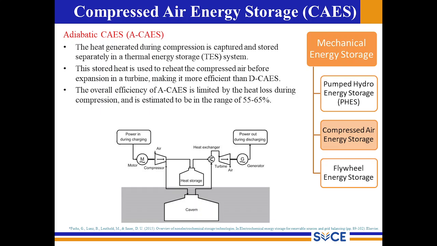This stored heat is used to reheat the compressed air before expansion in the turbine, making it more efficient than a diabatic CAES system. Overall efficiency is limited by the heat loss during compression and is estimated to be in the range of 55 to 65. While discussing units of conversion, we also talked about efficiency and why efficiency can become high, up to 100%, because of this heat loss.